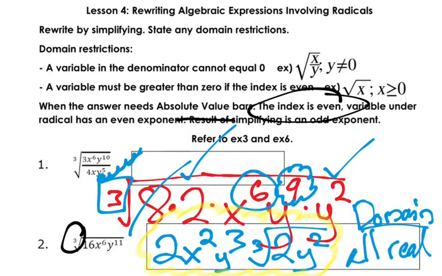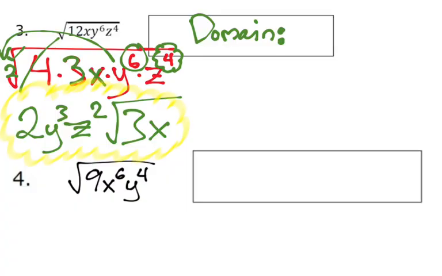A variable must be greater than 0 if the index is even. So we have an even index. The index was 2. So, take a look at your variable. Underneath the square root sign, there is an x.